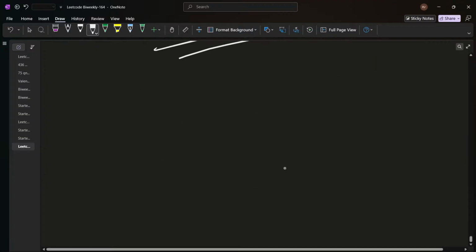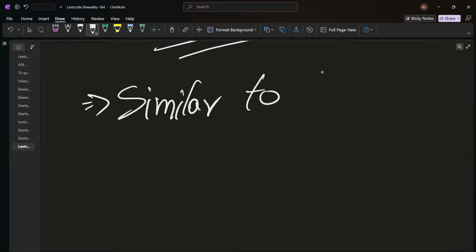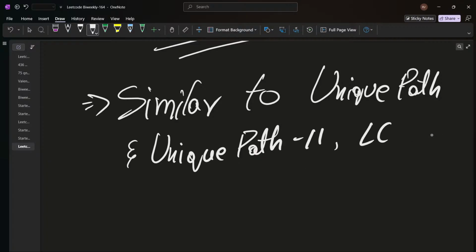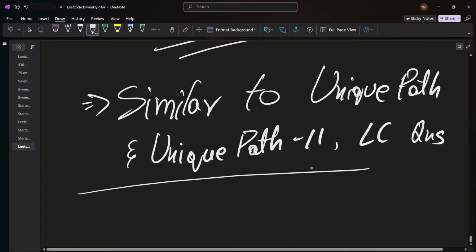Again, I am telling you, this is similar to Unique Paths and Unique Paths 2 on LeetCode. If you want, solve them also. Classic 2D DP questions, these are memoizations.